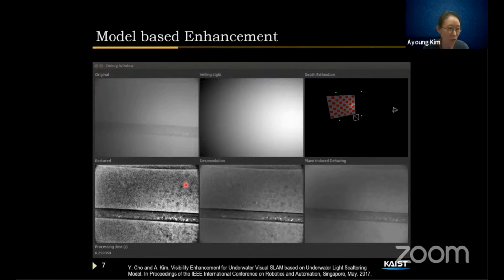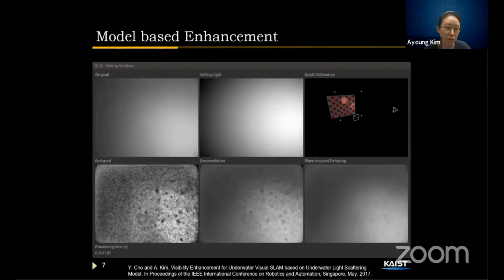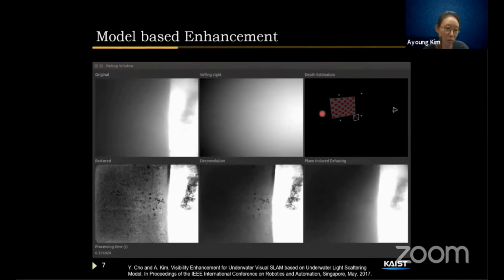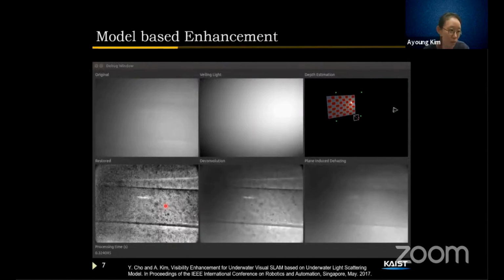So given an original turbid image, we know where the light is, and we can estimate the planar surface in front of us, and we can solve term by term and make a more enhanced image, enough for us to make the registration between image pairs.